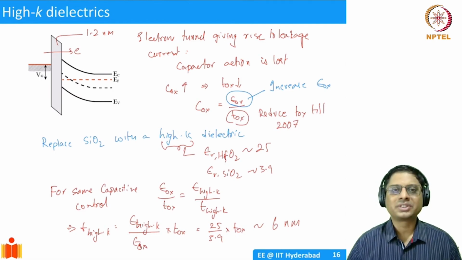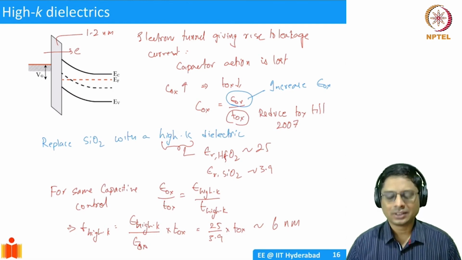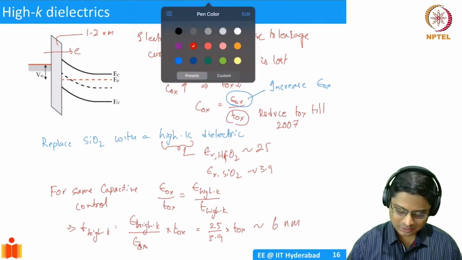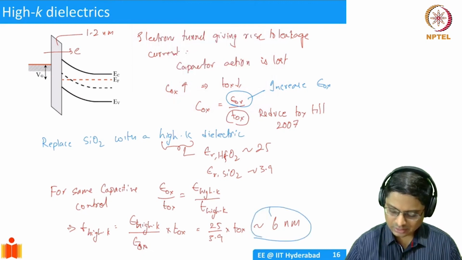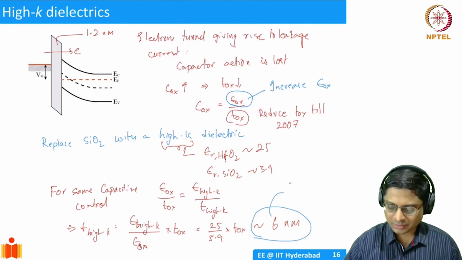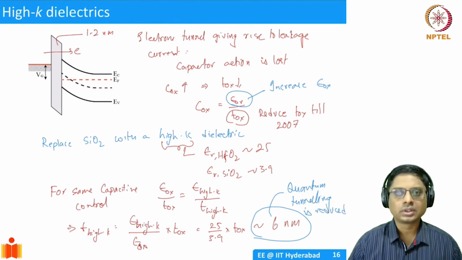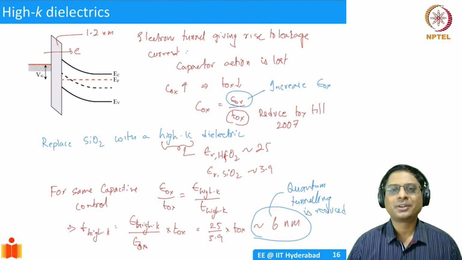It was a simple idea, but once you increase the thickness, quantum tunneling is reduced just by using a different material.